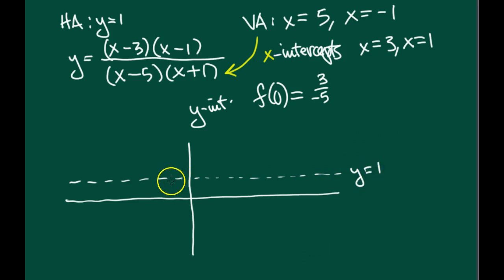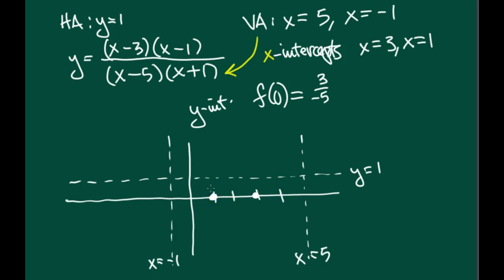I have vertical asymptotes at x equals 5 and negative 1, is what I mean to say, of course. And I have zeros at x equals 3 and at x equals 1.